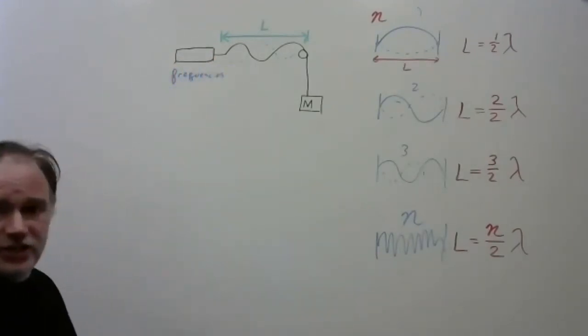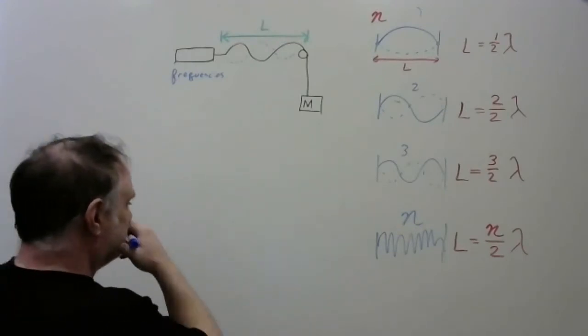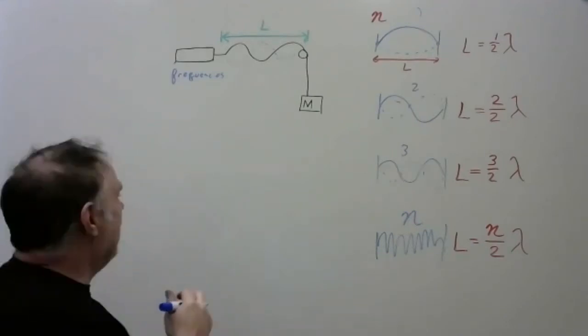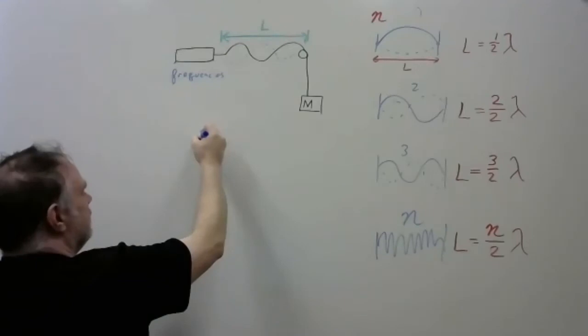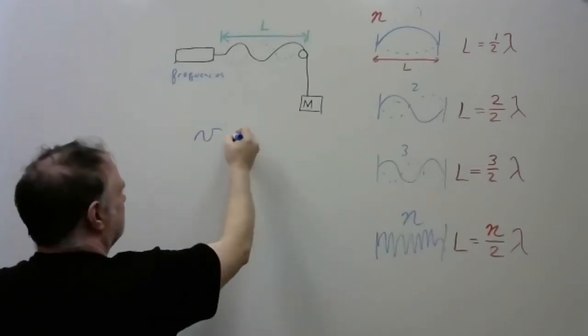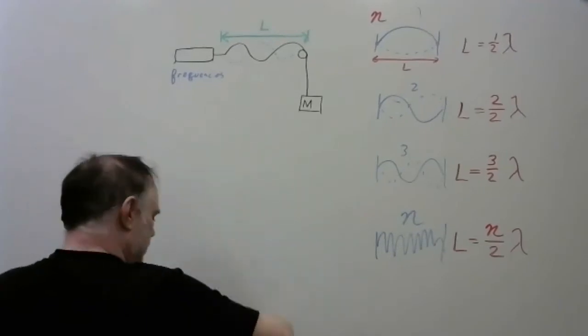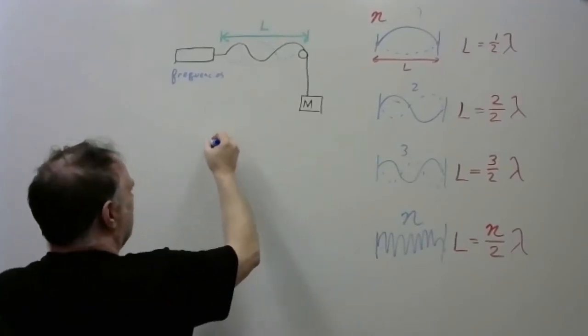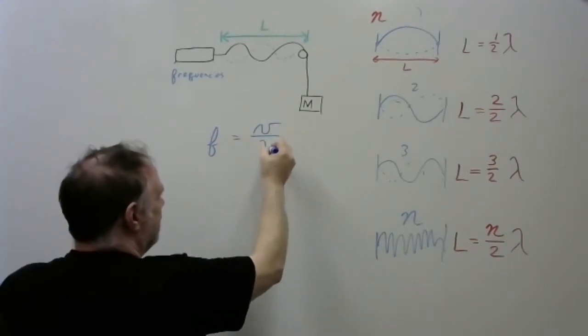And we're only going to get certain ones because of the length of the string. So if I look at what happens here, and I use our formula, the velocity of the string is going to be set. So that's equal to frequency times lambda. So I'm going to say that the frequency is equal to the velocity divided by the wavelength.